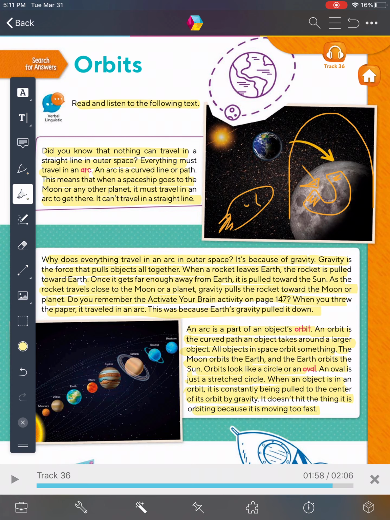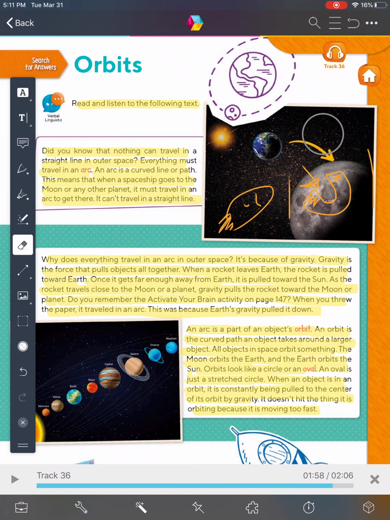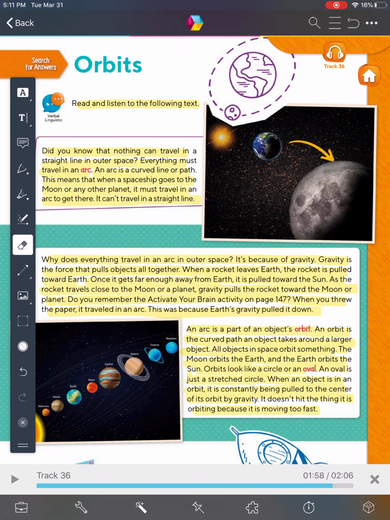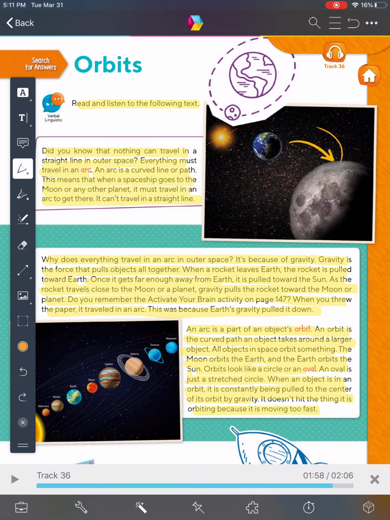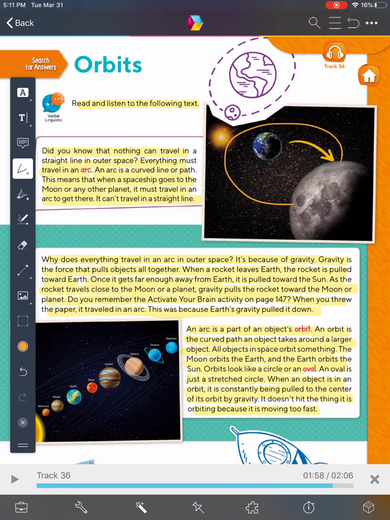Okay, so if we listen carefully, that means that an orbit can have a circle shape or an oval shape, like this, okay? The Moon is traveling around the Earth in this shape, like if it was doing this, and the same thing the Earth is doing around the Sun and the rest of the planets, like the image shows, okay?